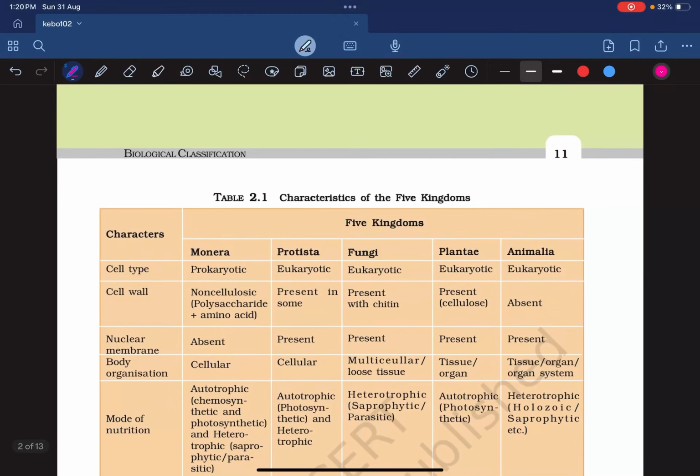Before we come to this table, I would like to give some extra knowledge: the three kingdom classification.